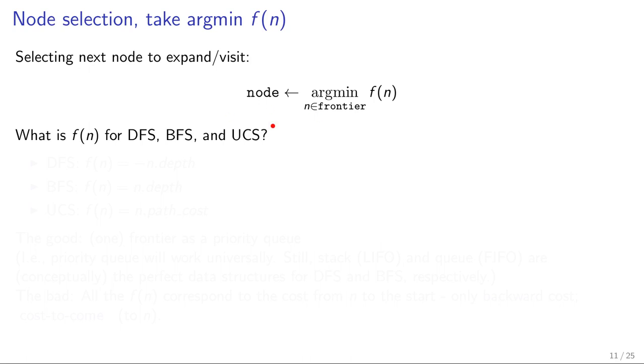So if we look at it in this way, it's some kind of argmin of some function f, some kind of evaluation of the nodes on the frontier. Okay, and what would be that function for DFS or BFS or UCS?